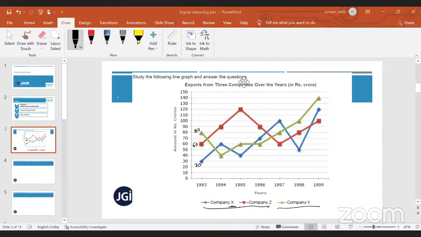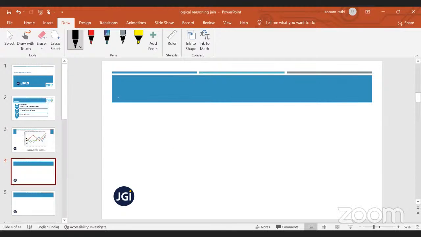Making a table is much easier. Let's make a table out of it. 1993, 1994, 1995, 1996, 1997, 1998, and 1999.